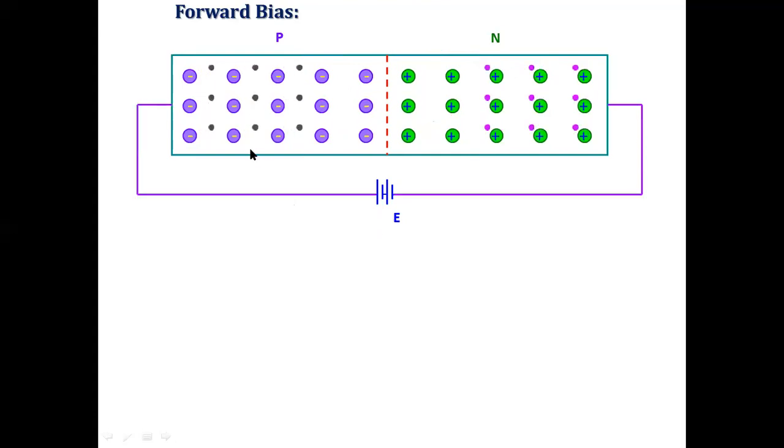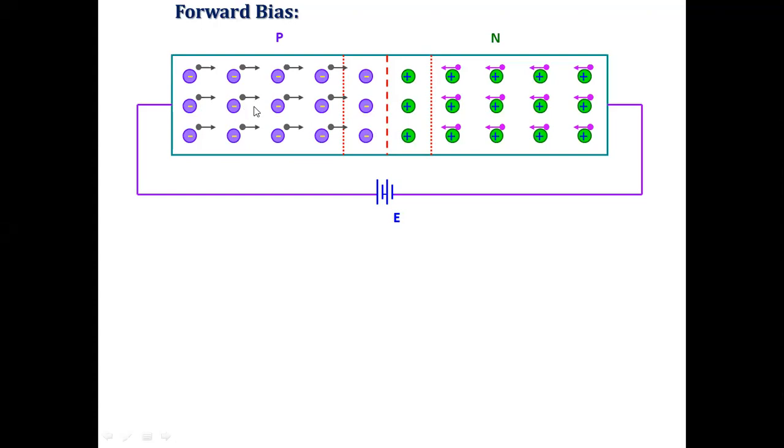By doing this, what will happen? See here, an electrical field is generated, in this direction, positive to negative. Previously the depletion layer or potential barrier was opposing from this side and that side. Both were opposing, but now the electrical field is created in the opposite direction of the potential barrier.